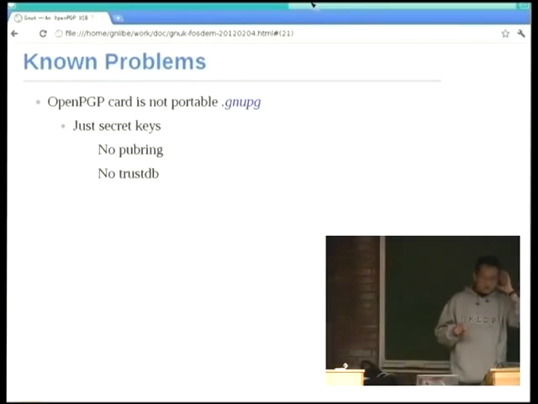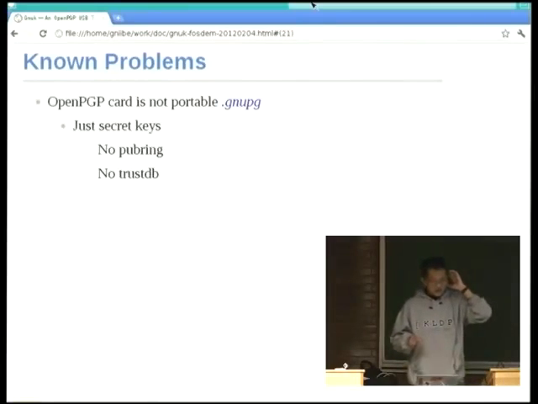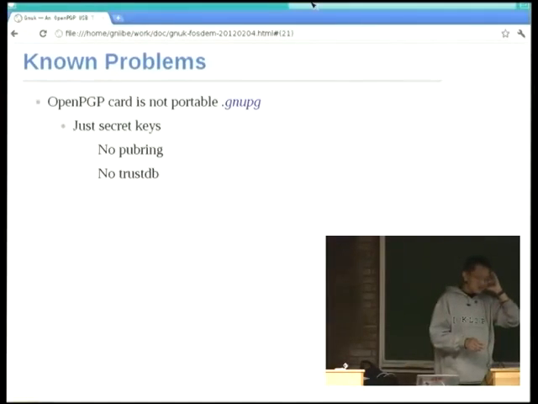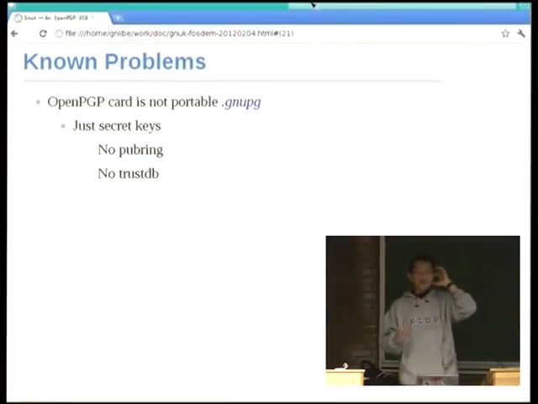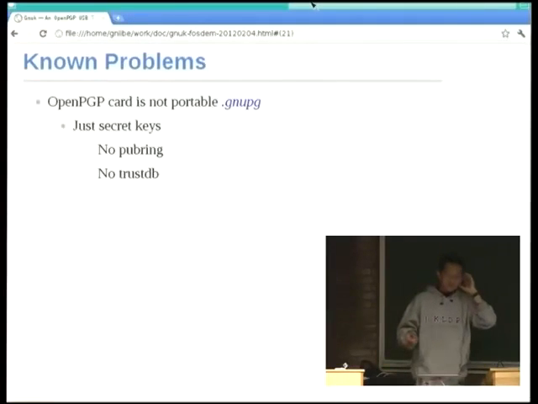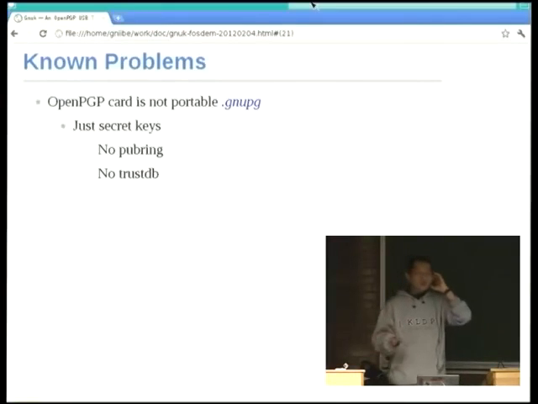The secret key has your secret information, but we also have public key information and a trust DB under the GNU-PG directory. It means that just bringing a Gnuk token means you can do digital signing, authentication or decryption with your secret key, but you will perhaps not have a public key ring on the go.